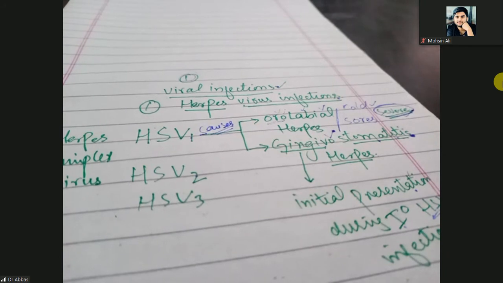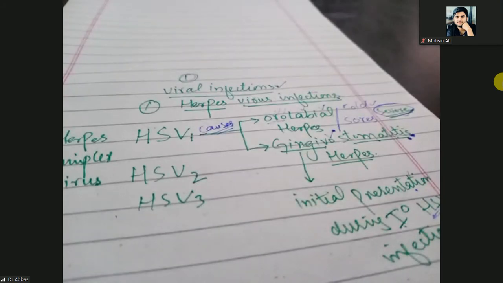Clear? Again repeating, HSV1 initial presentation. When there is HSV1 infection, the initial presentation is on the gum and the oral cavity. Blisters are present on the gum and oral cavity. We call it gingivostomatitis.